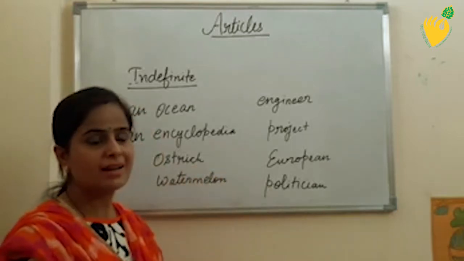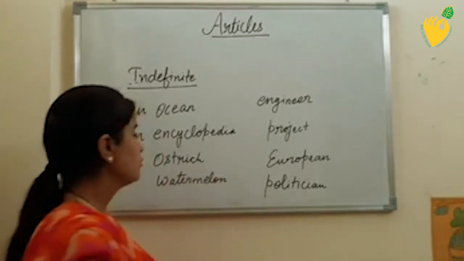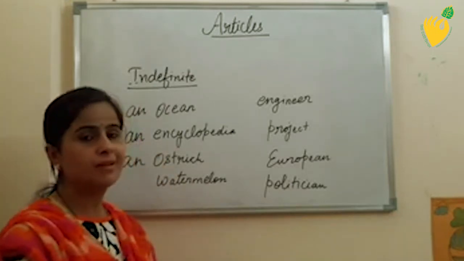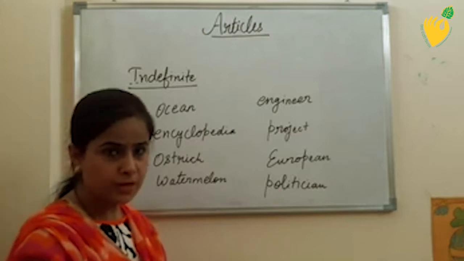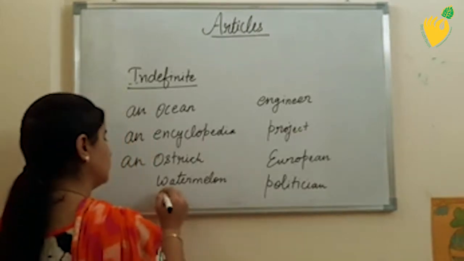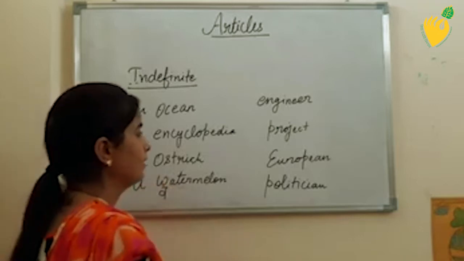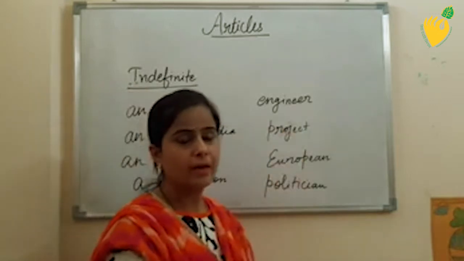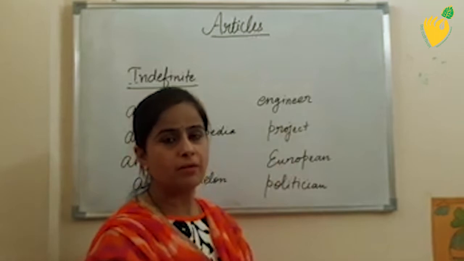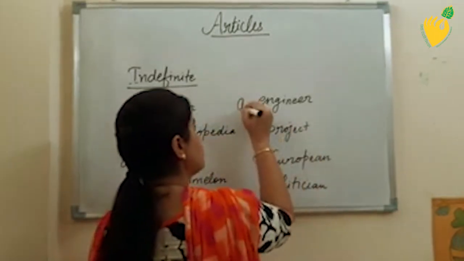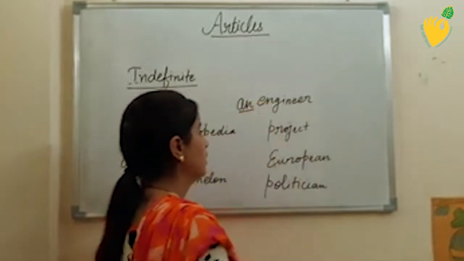Ostrich is also starting with the vowel sound O. So an ostrich. Watermelon starts with the consonant sound "va". So before watermelon we will use a. Next example is engineer. Engineer starts with a vowel sound A. So before engineer we will use an.